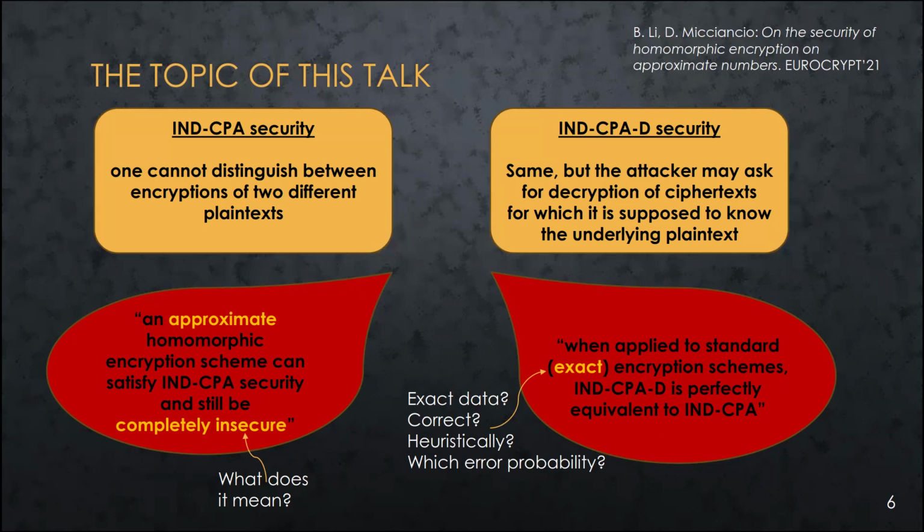Exact is also underdefined in the paper. Does it mean exact data, or does it mean correct, or is correctness heuristically correct, or provably correct? And which error probability? So there are a bunch of questions or imprecisions that these statements raise.